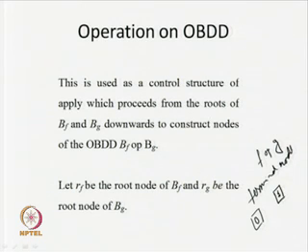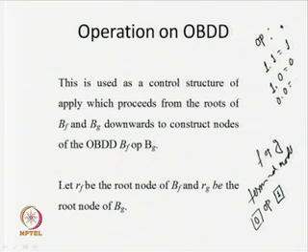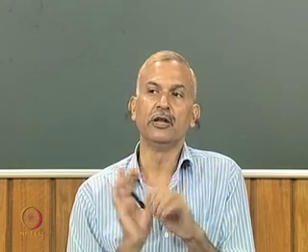Now, at these terminal nodes I can apply the operation, because I know that if my operation is, say, AND, then 1 dot 1 is equal to 1, and for other combinations 1 dot 0 is equal to 0, and 0 dot 1 is equal to 0. Like that we construct the resultant BDD, and when we get to the terminal nodes, we can eventually apply the operation on those terminal nodes.